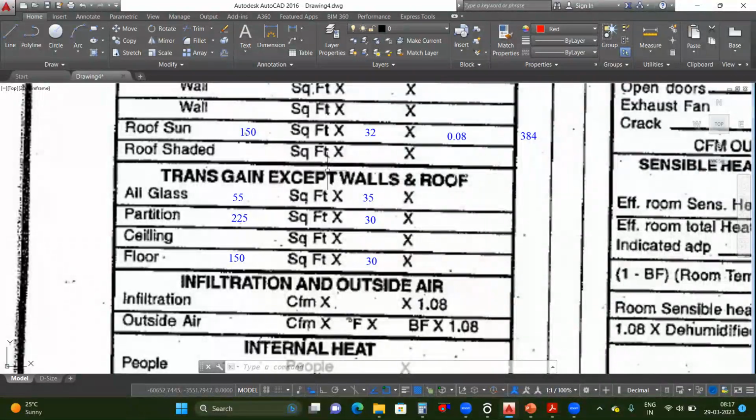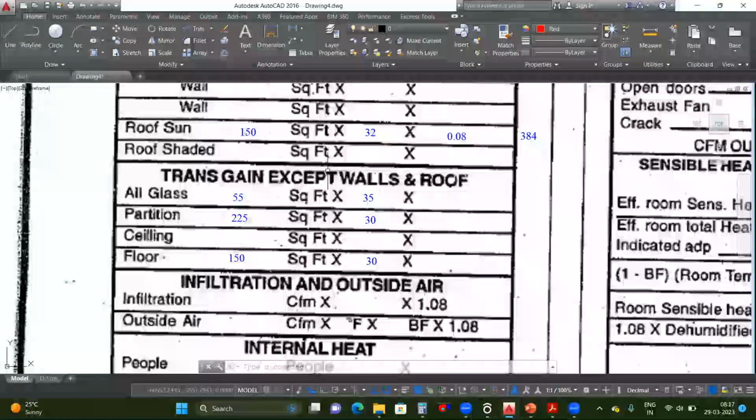The light will be projecting inside the room with no obstacle, so the temperature difference will be steady. That is why I have taken 35 degrees Fahrenheit for glass, and less for partitions and floor.